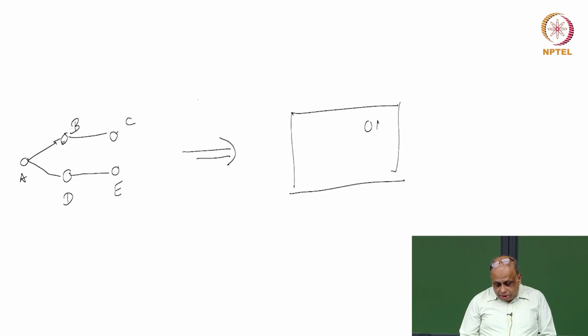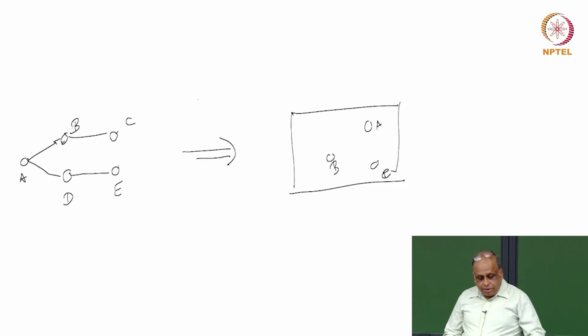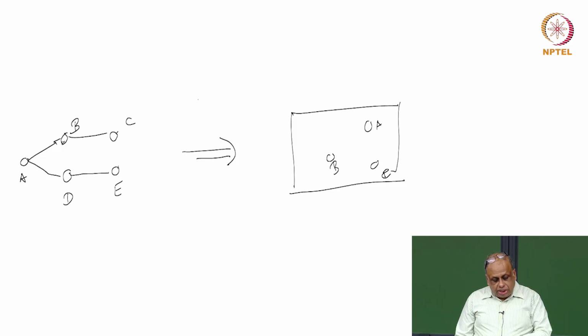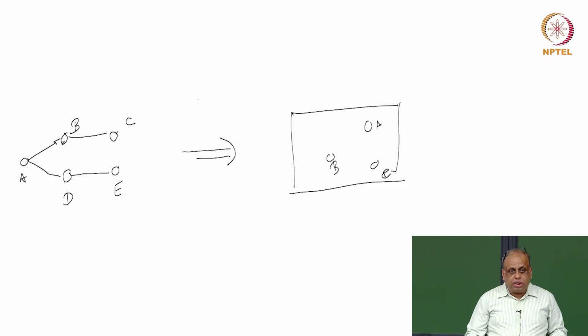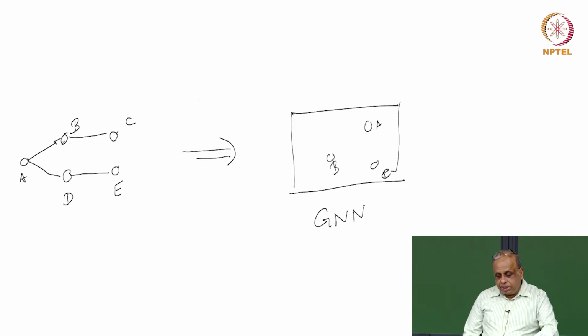So they will put these nodes in a two-dimensional space. If nodes are close together in the graph, they will be close in the two-dimensional space, and how close they are can be determined by various criteria like how many edges they have, how many nodes they have, and so on.